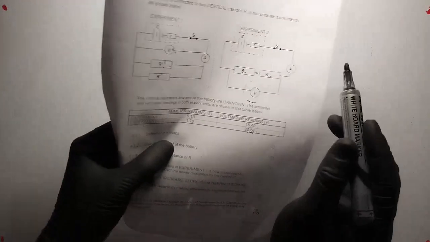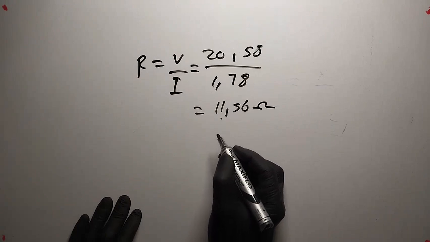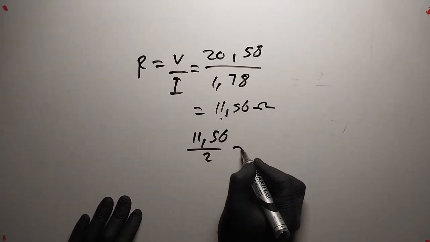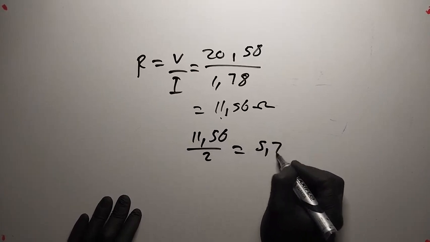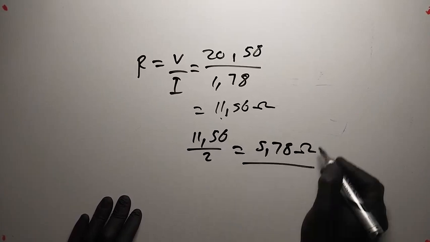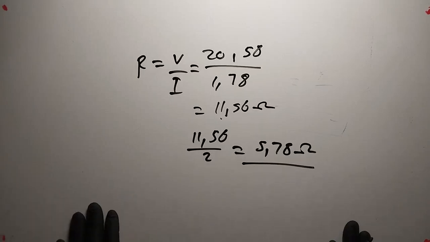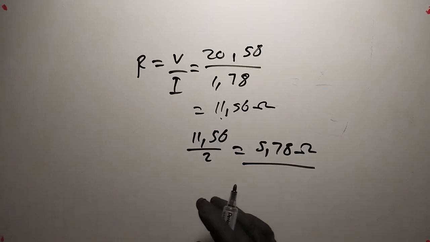Since they are in series, they are using the same current, which means what you need to do is to take this and divide by 2. 11.56 divided by 2 is going to give you 5.78 ohms. Now this is also a correct answer, which is the same as 6 ohms. I hope you understand that.